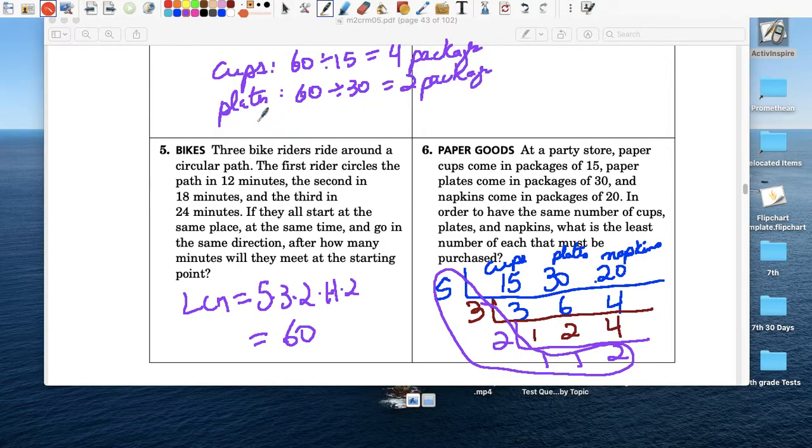And then what's the other one? Napkins. Napkins, you get 60 divided by 20, so he needs 3 packages. Okay. So he needs to buy 60 of each, but in terms of packages, that's how many packages he needs to buy.